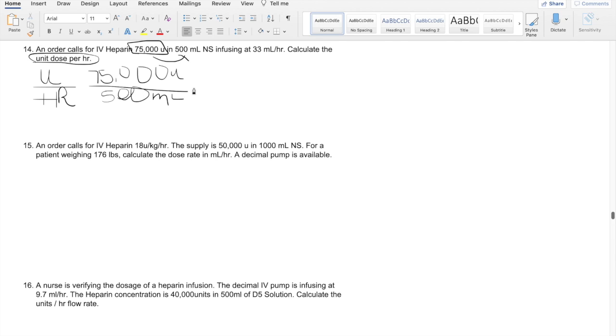And we're going to times that by 33 milliliters, since that crosses out with the 500 milliliters. And we're going to put that over hours.